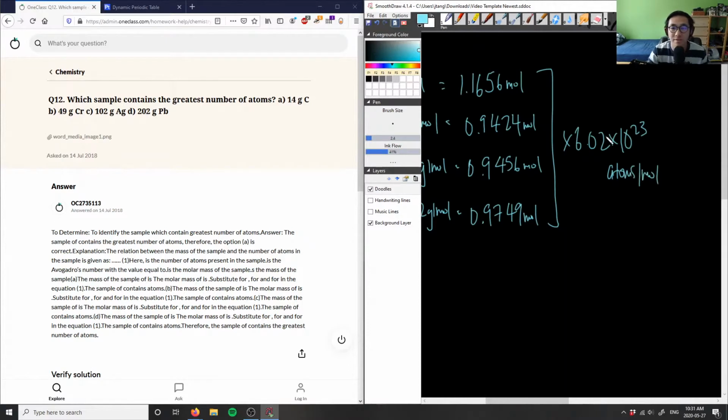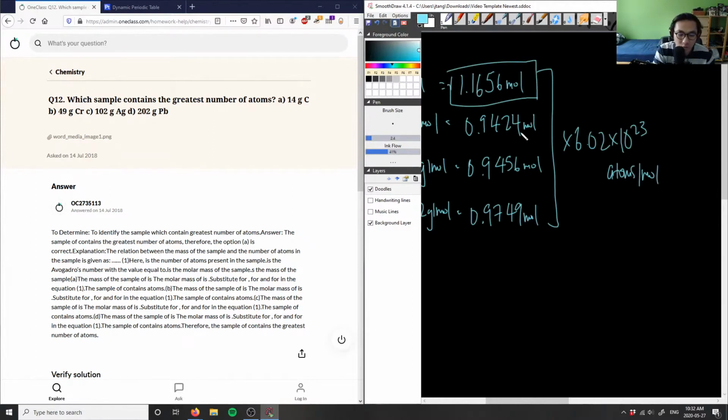If I multiply all of these, I'm going to get the number of atoms for each. Since I'm multiplying by the same number for all of them, the biggest number will have the greatest amount of atoms. So A here is going to be our answer.